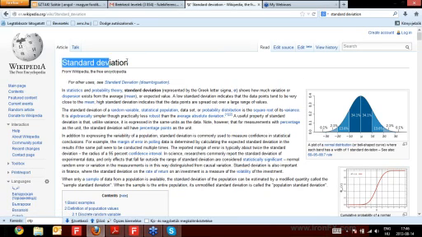I'm not going to go deeply into what standard deviation is, but hopefully those who have learned a little bit of statistics would know. So standard deviation is the deviation from the expected value, or from the mean value, or in other words, from the average.